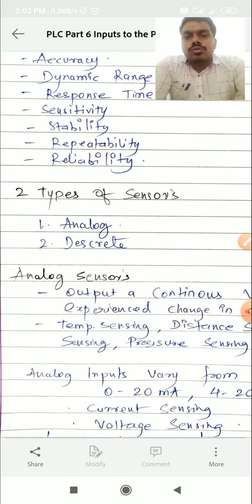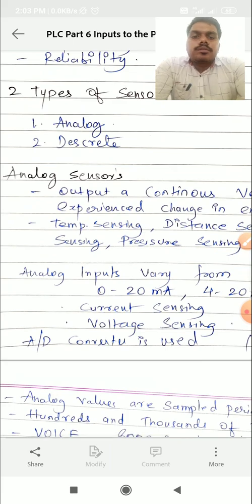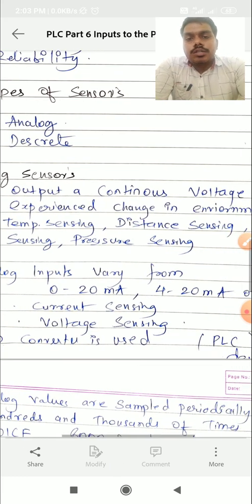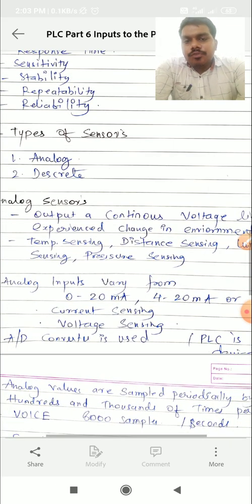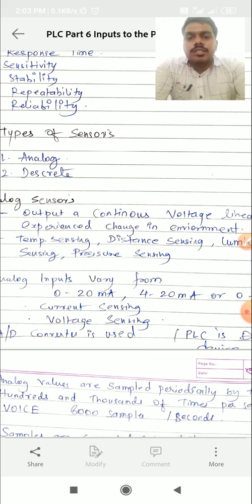Sensors are divided into two types. The first is the analog type, the second is the discrete or digital type. What are analog types? Analog sensors output a continuous voltage linear to experienced change in the environment. What does this sentence mean?